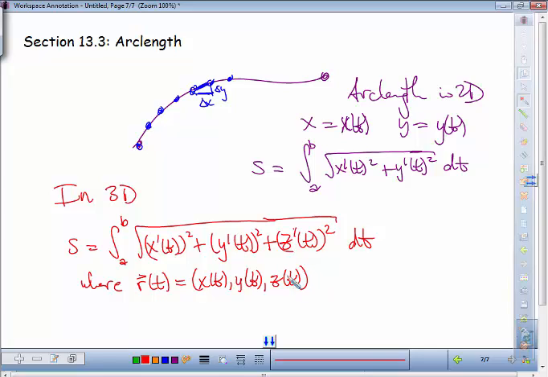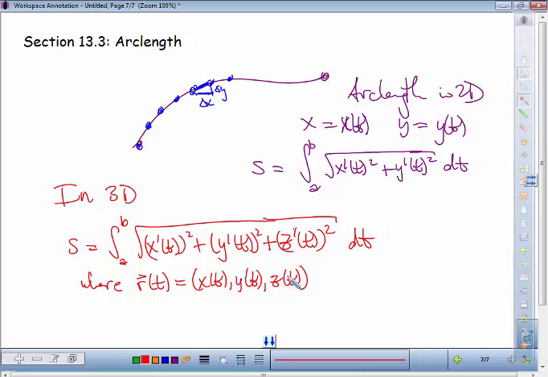Now, if we look at that thing inside of the parentheses, does that look familiar? What does it look like? Magnitude of the derivative. Yeah, kind of like the distance. Essentially, it's the length of your velocity vector.